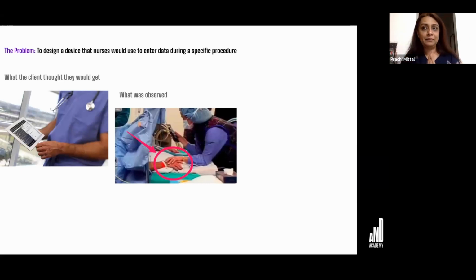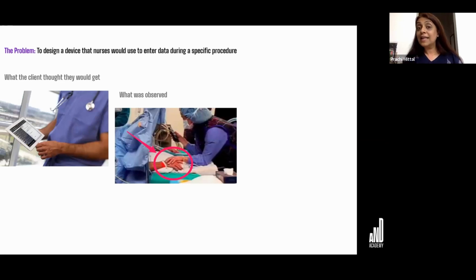Let's see that scene. They started observing. What did they observe? They observed that the patient was nervous during this time, and at that time they wanted to hold the nurse's hand. The doctor is doing a procedure or some other nurse is doing a procedure, but they want to hold a nurse's hand, or the nurse is just trying to pet or caress the patient to calm them, right?